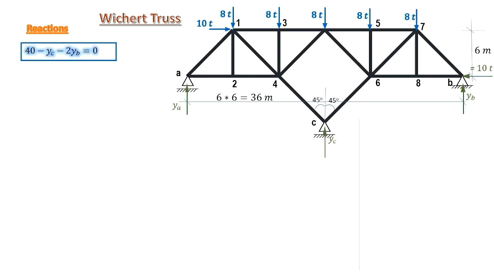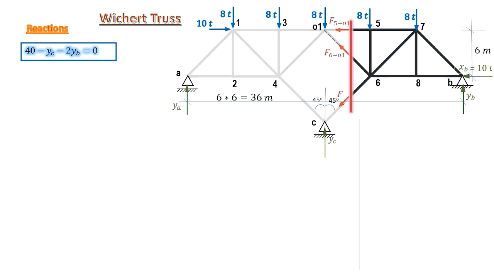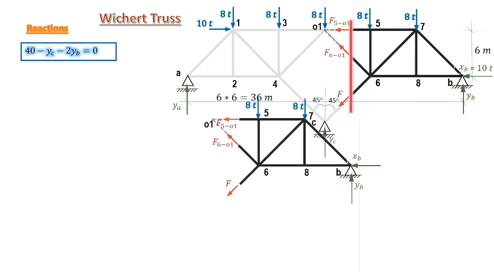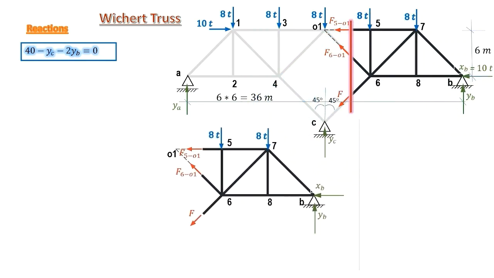Now we have our equation computed previously, and we have a section. We take the right part, extracted outside for computations, and we start our equations. First, we analyze the force in member 6O1, the inclined member here, and member F, which is member 6C.